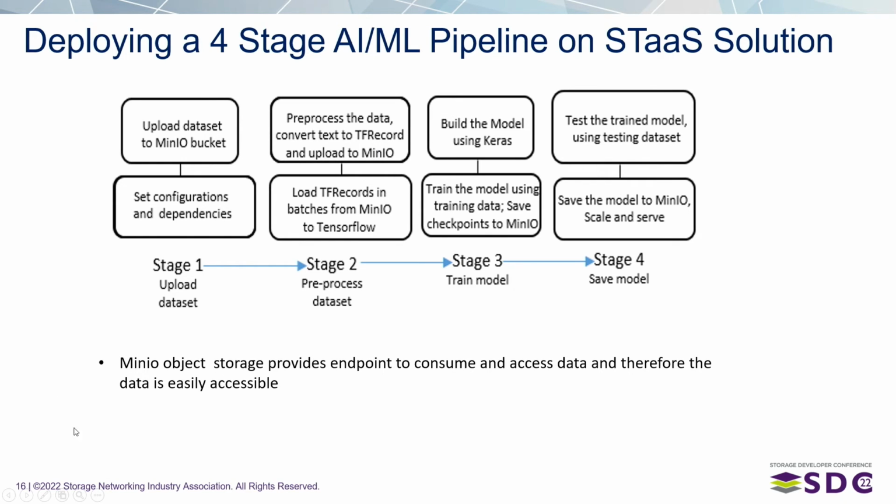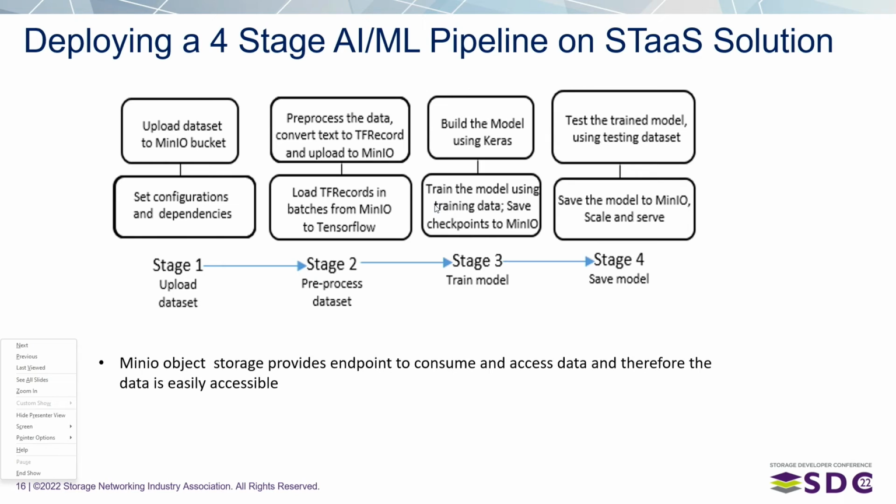The saved TF records are loaded for batch processing during the training phase of the model. Basically, this is an optimization. Using this pre-processed data, the training will be faster.